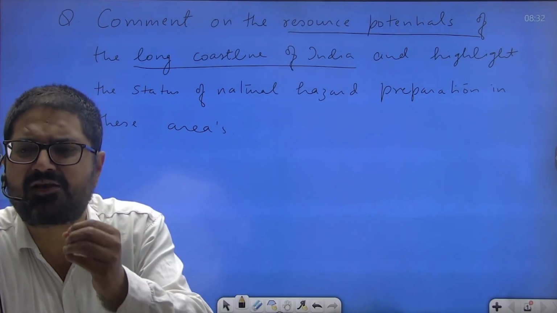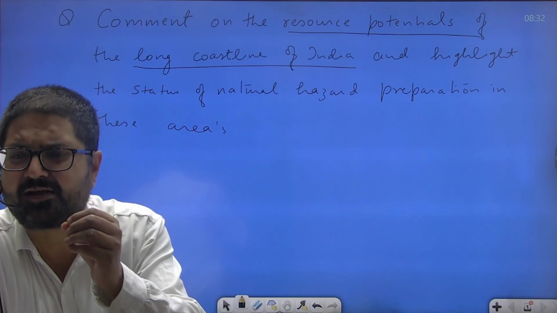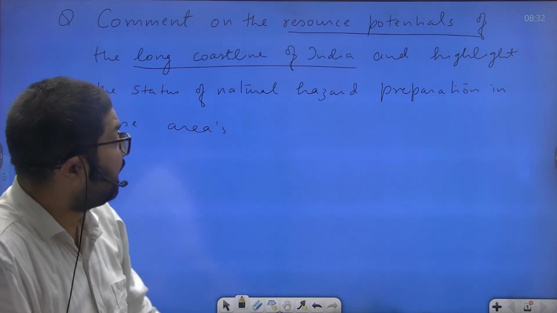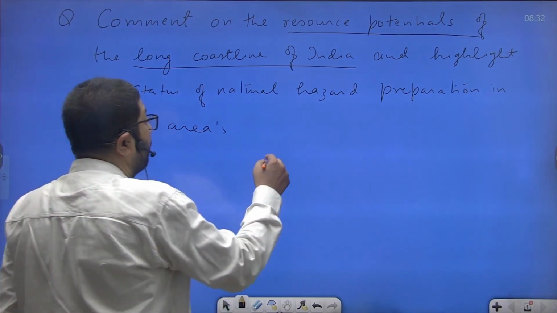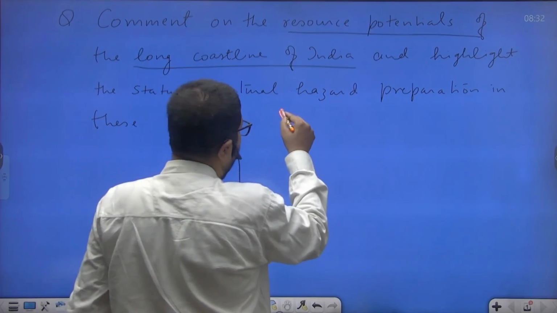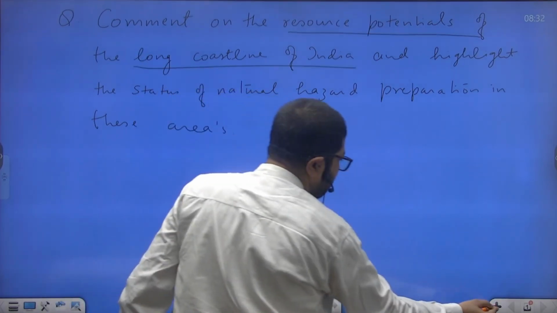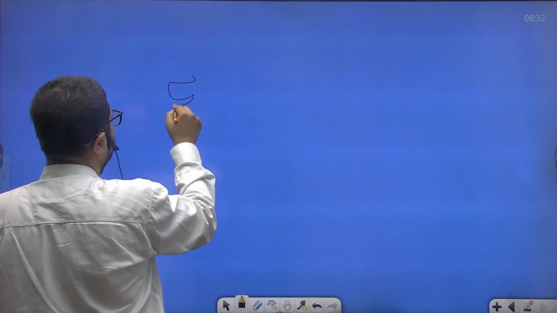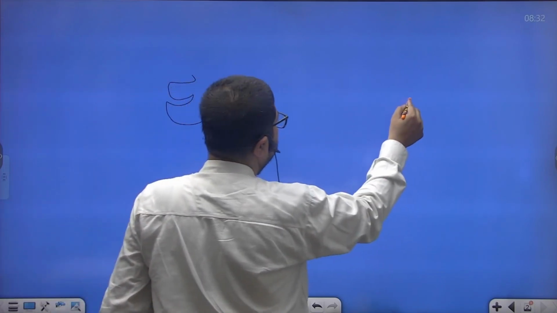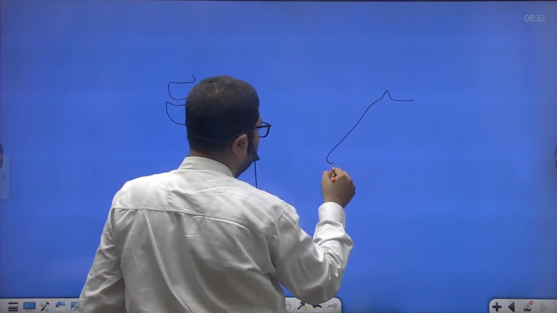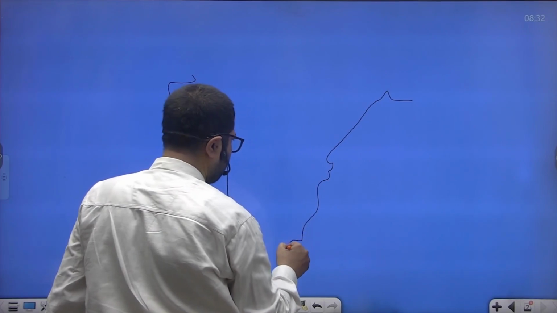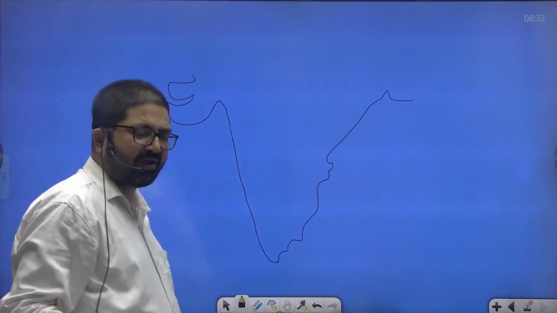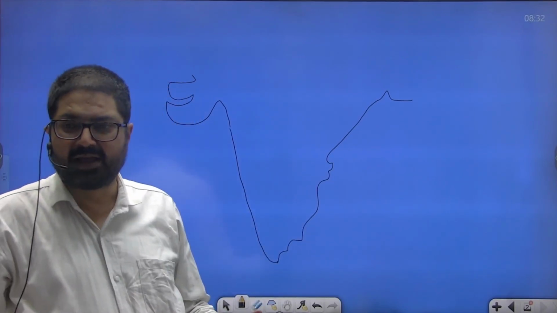See, the first and very important benefit or resource that India avails because of its long coastline is because of the UN clause. You can see on the map, India has a long coastline, 7,516 kilometers long.